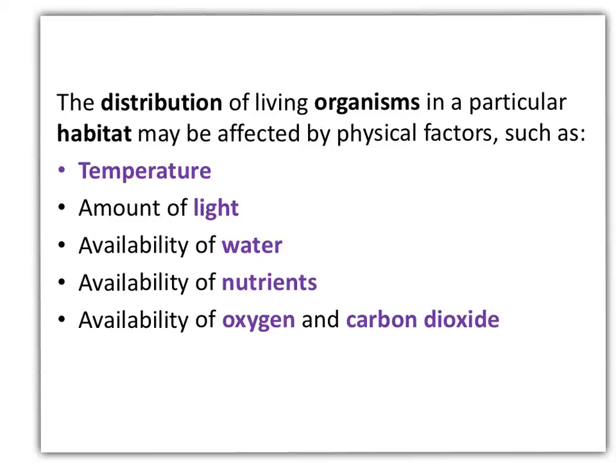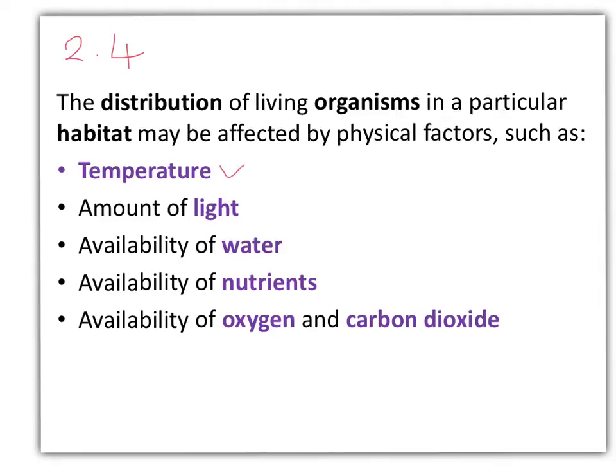So if we then look at the second part of this, this is 2.4, where we're looking at organisms in the environment. Now, the distribution of organisms, so if you imagine plants on a field, on the football field, or within a habitat, might be affected by a number of physical factors.